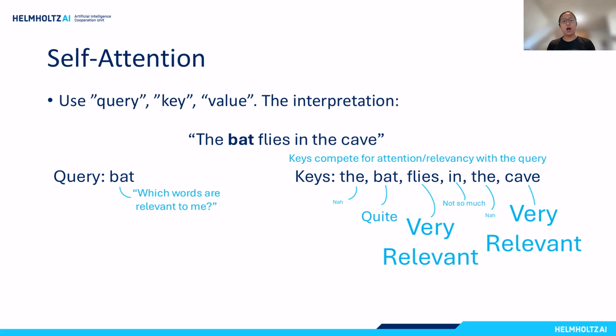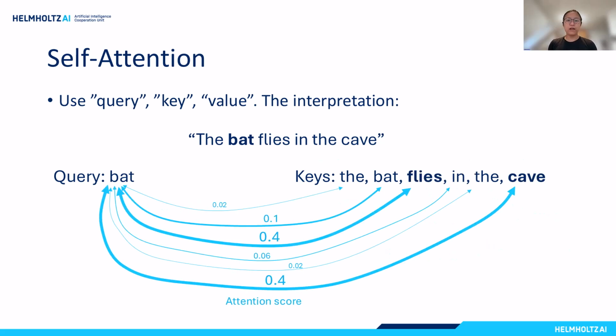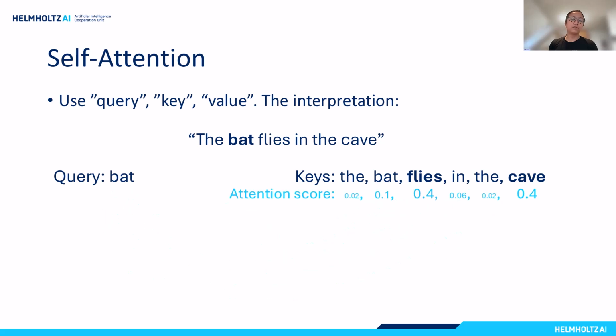The keys are representations of all the words in the sentence. Each key competes for attention by being as relevant as possible with the query. The relevancy value between query bat and each key is the attention score. For example, flies and cave might get higher scores because they help clarify that bat refers to an animal, not a baseball bat.